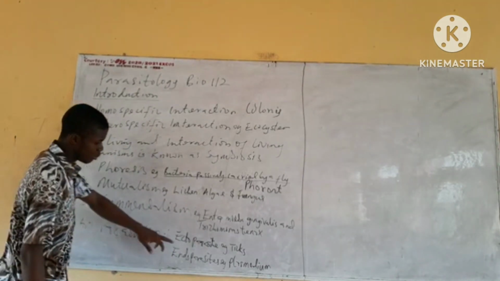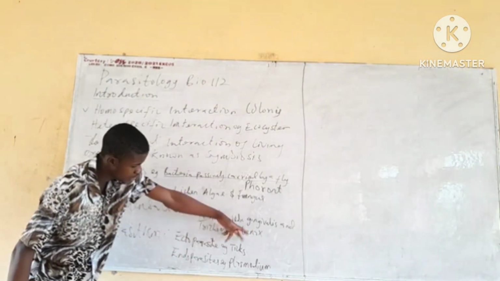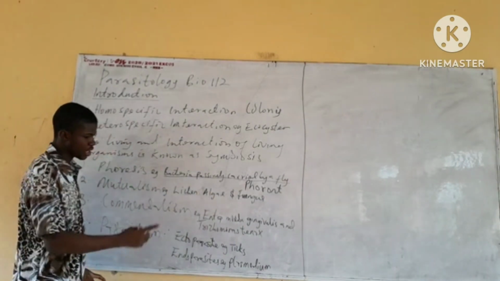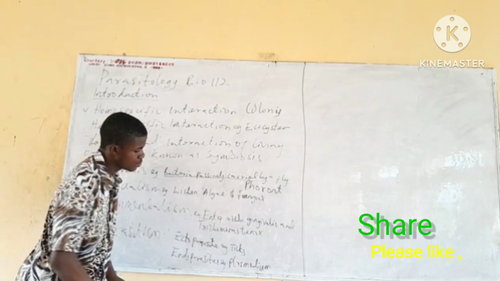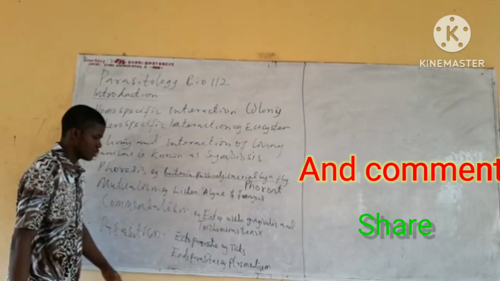So you can see an example of an ectoparasite displayed. You can see it. And also an example of an endoparasite, plasmodium, is displayed. You can see it.